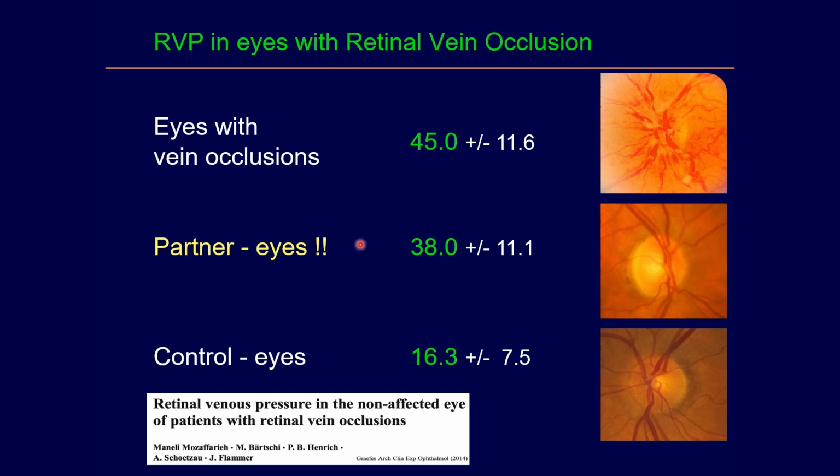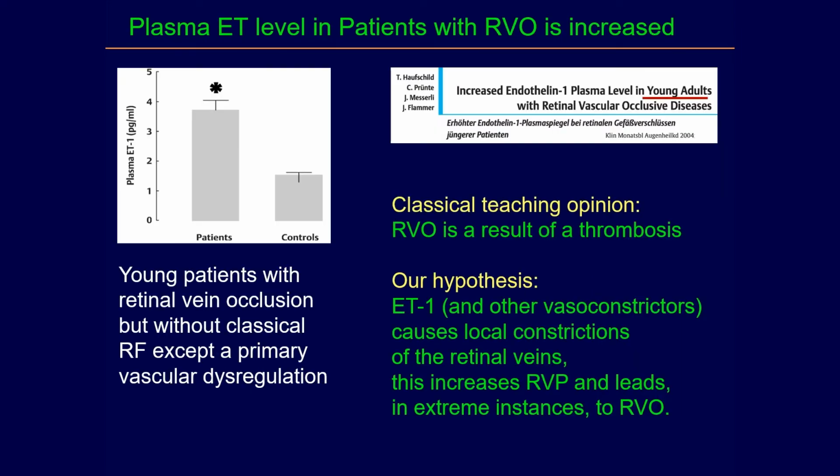We explained this by the increased endothelin plasma level observed in such patients. Endothelin was elevated even in young RVO patients who had no classical vascular risk factors other than primary vascular dysregulation.